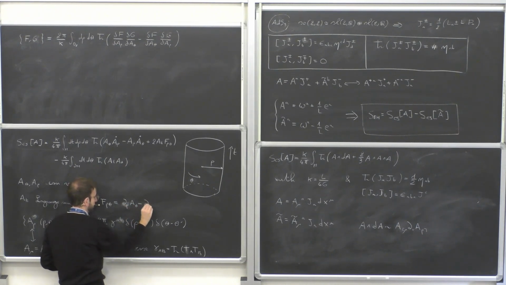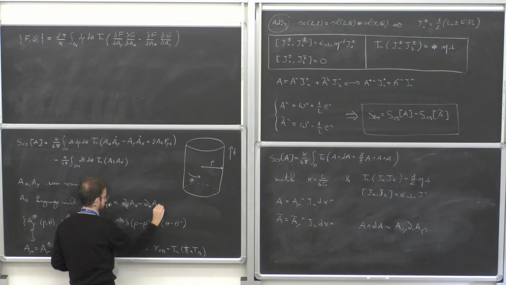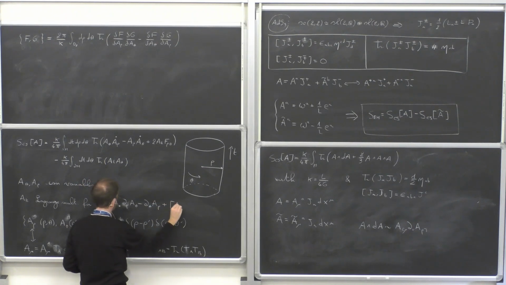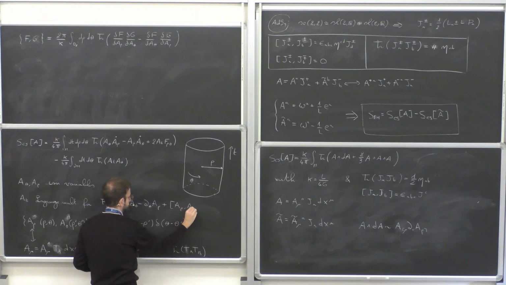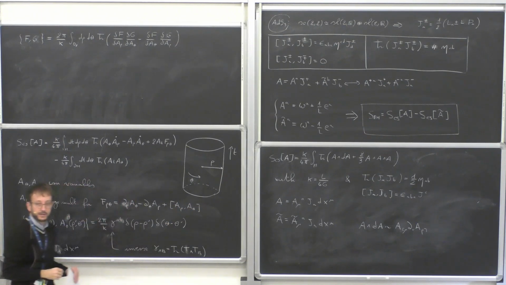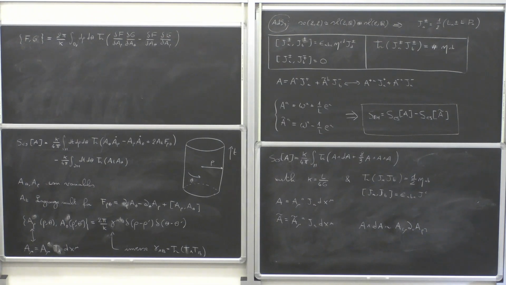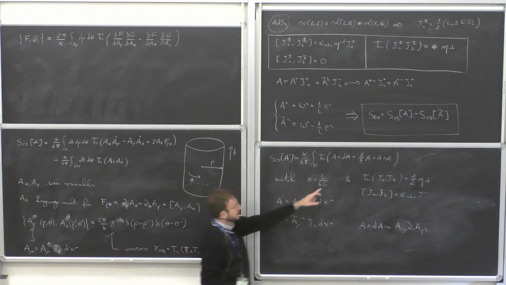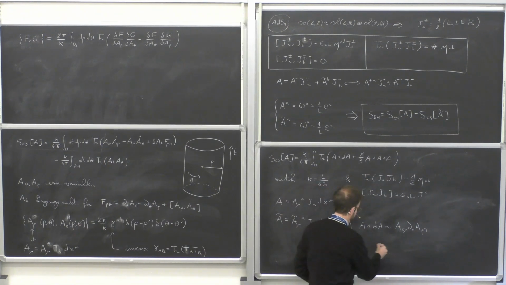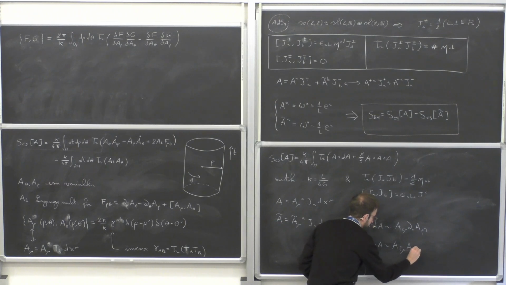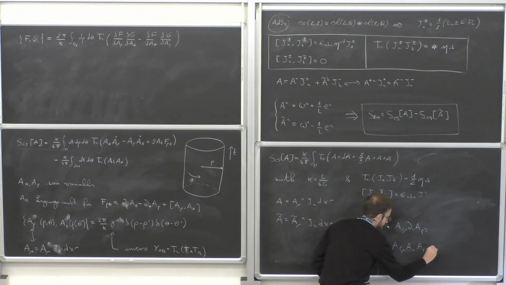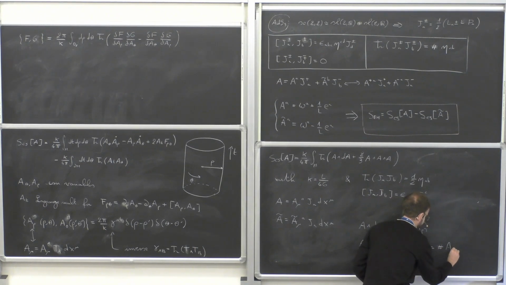It's not a Yang-Mills connection, this one. Since it's A wedge A, it is something of the form A_t, A_rho, times a certain number, and then A_t, A_rho, and A_theta.